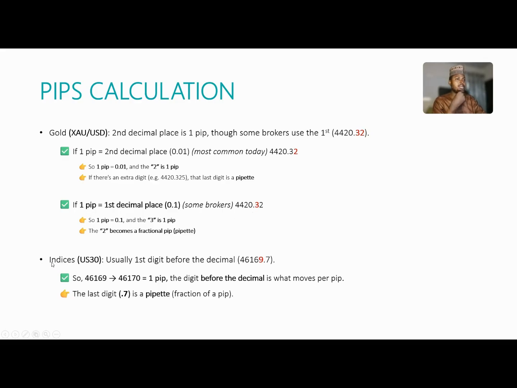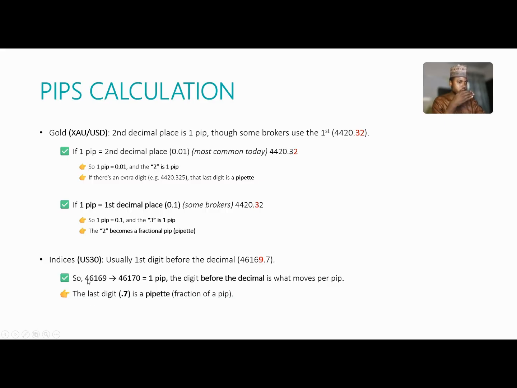The fifth one is indices, something like US 30. Usually it is the first digit before the decimal place. This is an example of how the US 30 price looks. It has one decimal number, so that means this last seven is the pipet. It starts counting from this.